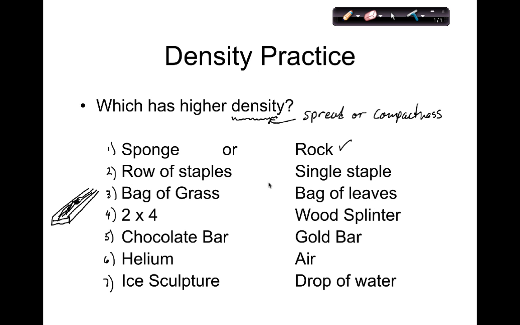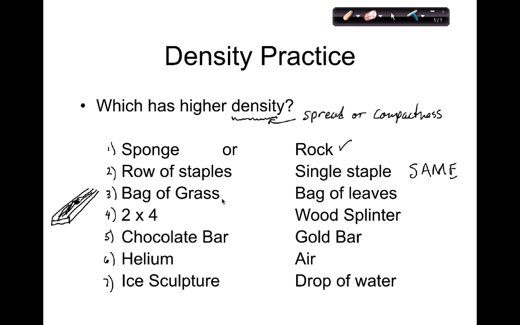Well, it's actually a trick question, and if any of the teams said the same, congratulations. These two have the same density because they're the same material. It's like aluminum. The molecules in a row of staples have the same compactness as in a single staple.